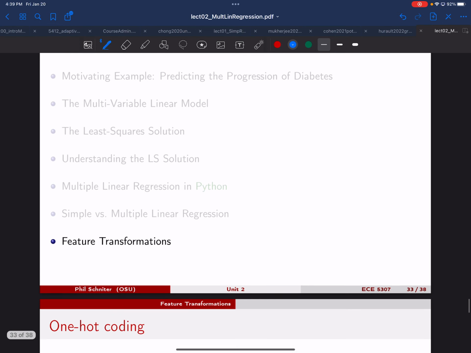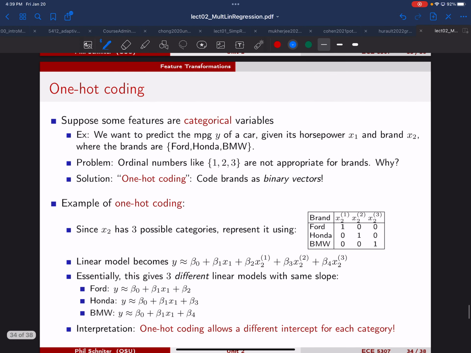Okay, so now let's talk about a very important topic, which is what happens when you get features that are not numbers. These are officially called categorical variables, and they're variables that are categories, not things that you can think of as ordered from small to big. As an example, maybe we want to predict the miles per gallon Y of a car given horsepower X1 and brand X2, and the brands we're working with might be Ford, Honda, BMW.